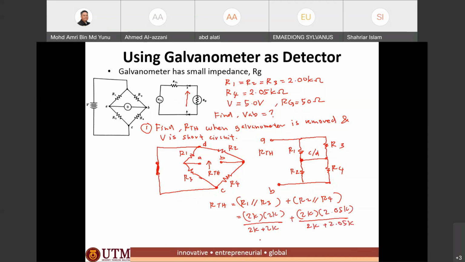So Thevenin resistance will be 2.01 kilo ohm. Okay, that's the first step. So we write it down here. RTH, we got 2.01 kilo ohm.